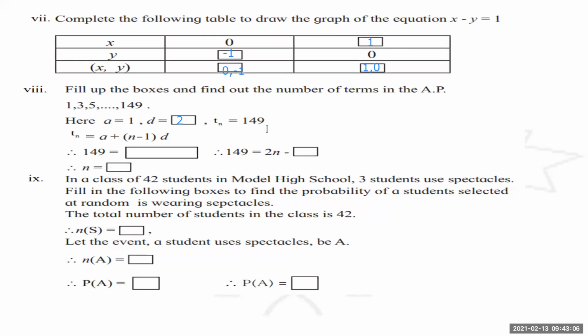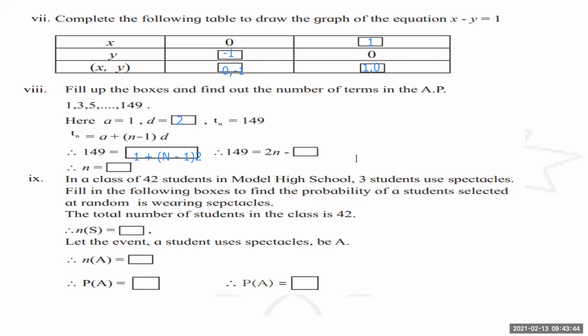And Tn equals 149. The formula is already given to you. So 149 equals A plus (n minus 1) into d. We'll just substitute that. So what will you get? 1 plus, in brackets, n minus 1. And what is the value of D? D is 2. So 149 will be as it is, and 2 is multiplied with n minus 1 in the bracket.